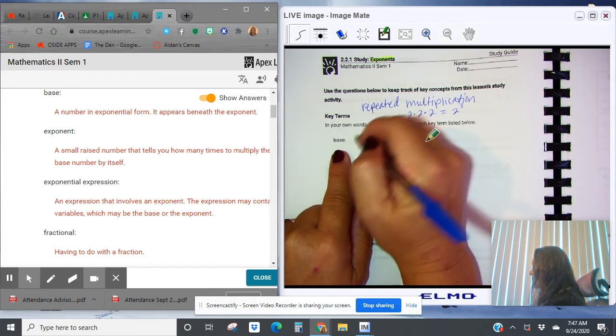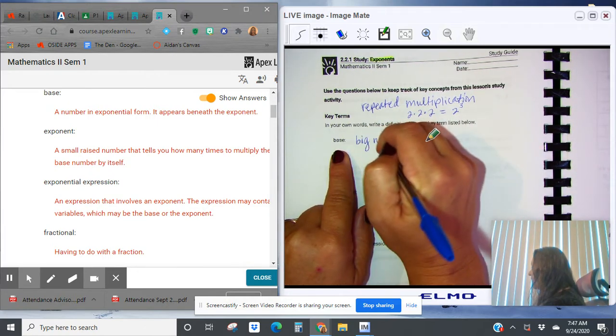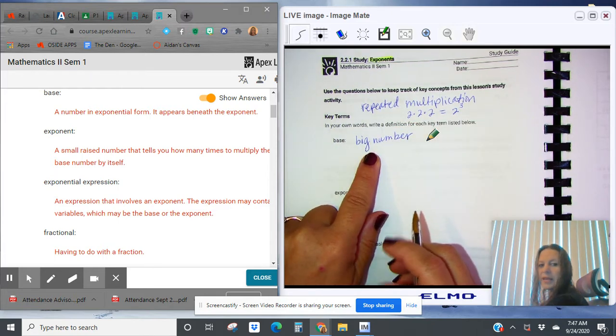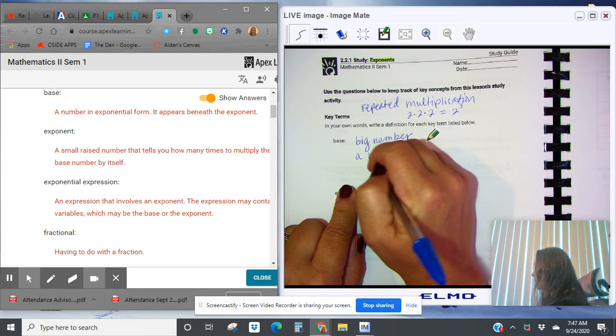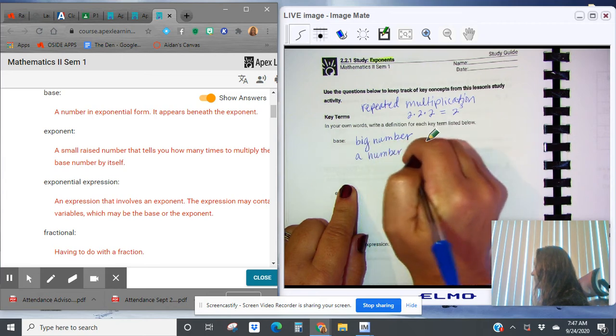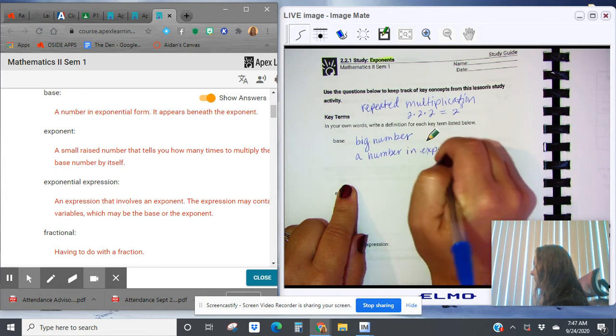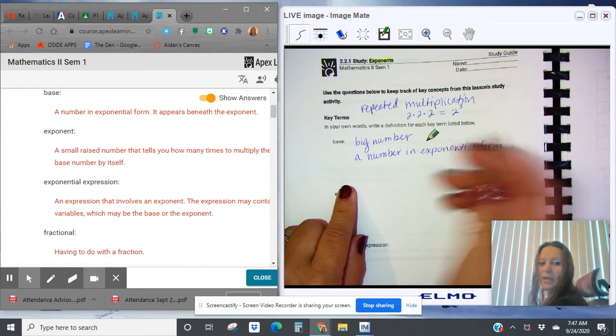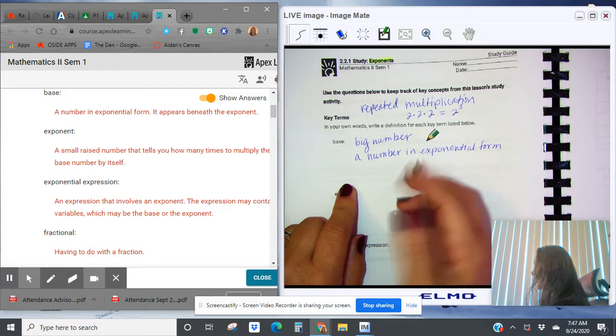The base is the big number at the bottom, and it is a number in exponential form. It appears beneath the exponent.